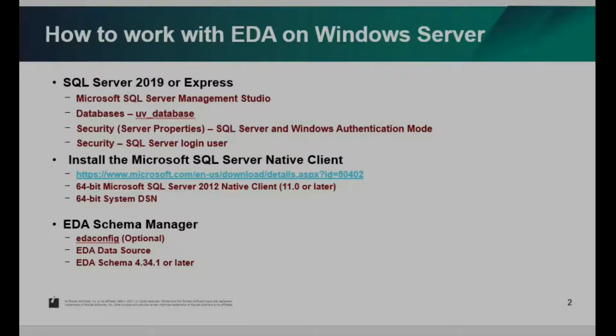Then EDA has a particular configuration file called the edaconfig file. On a Windows environment, it's not necessary to set the EDA configuration file. But if you want to turn on logging, you need to create the EDA configuration file to set the log level. It can be 0 to 8.